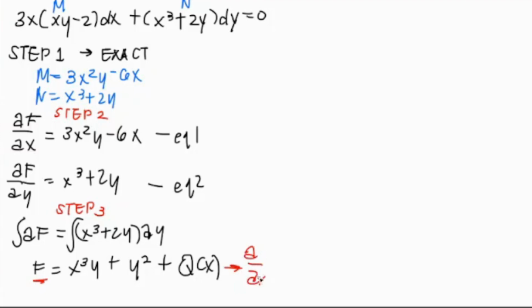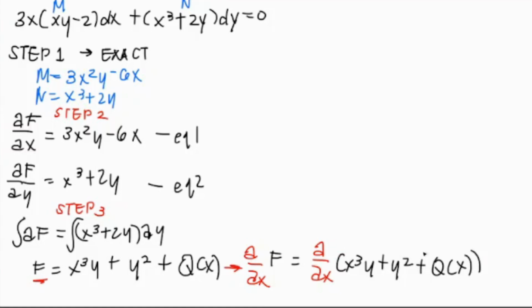D over dx of f is equal to d over dx of itong buong term na to. So, magiging x cubed y plus y squared plus q of x. So, ngayon, dito na natin sulat, magiging df over dx is equal to 3x squared.